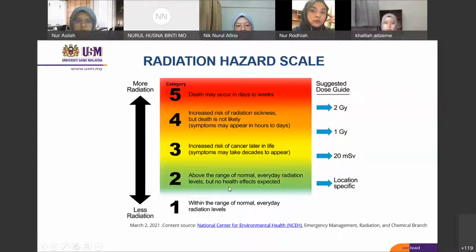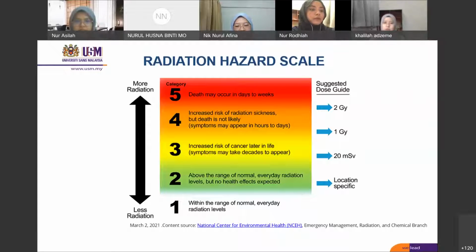The third category means that the radiation dose is becoming high enough to increase the risk of cancer in the years ahead for the people who are exposed. For example, leukemia and thyroid cancer can appear as soon as 5 years after the exposure, or other types of cancer can take decades to develop.